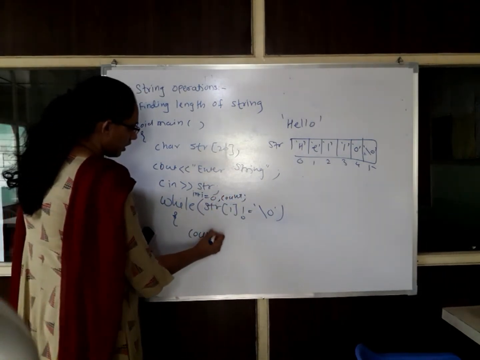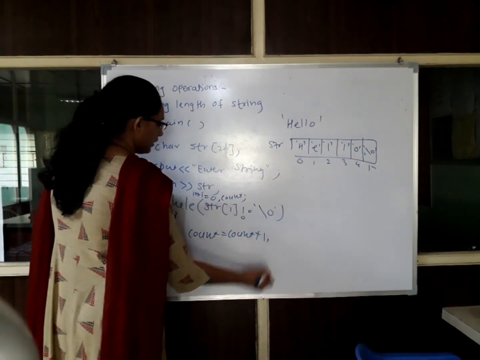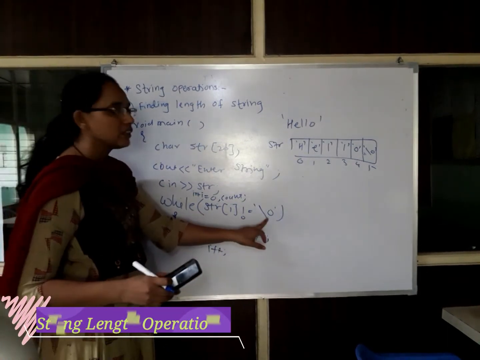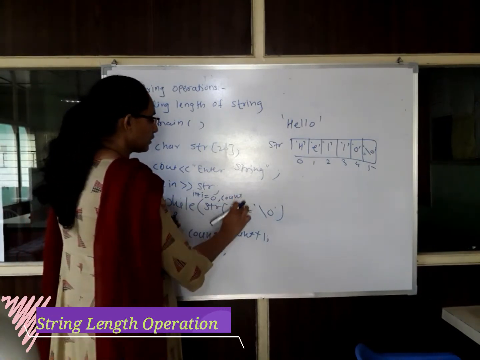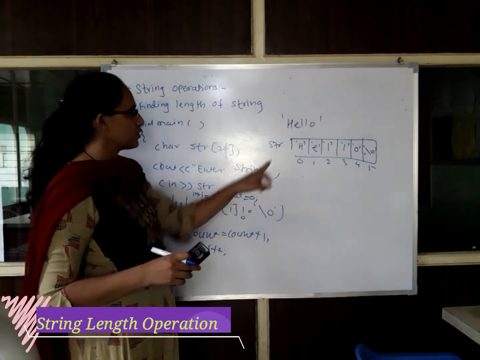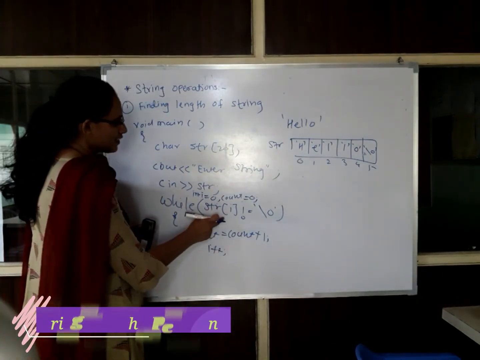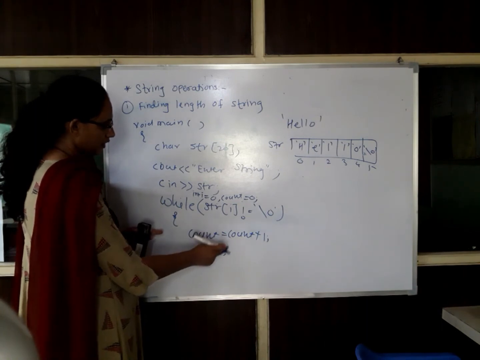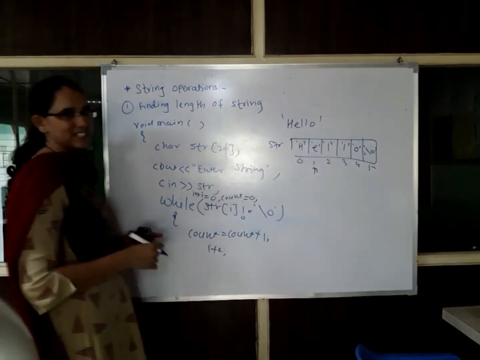Count is equal to count plus 1 and increment I. If it is not null, we take one counter variable and increment that counter by 1. Again, initialize count as 0 because we are taking the counting from 1. So when it is not a null character, we increment the count variable by 1 and increment I, that is the index position. So it will move to the next character.